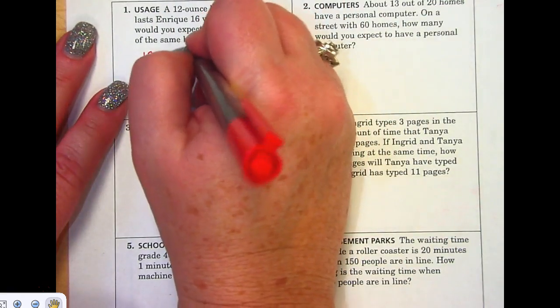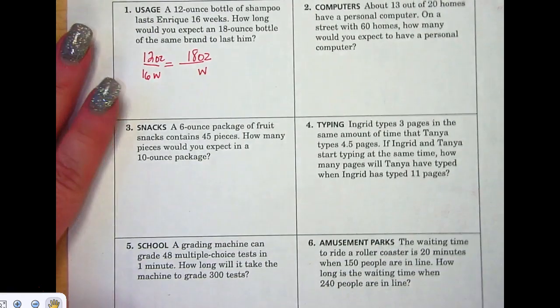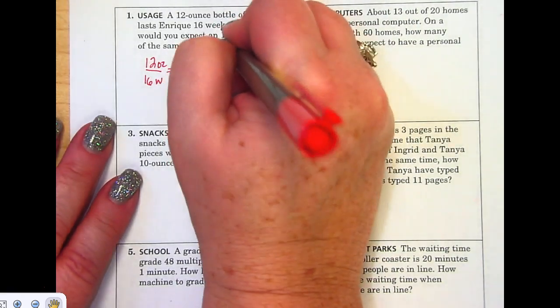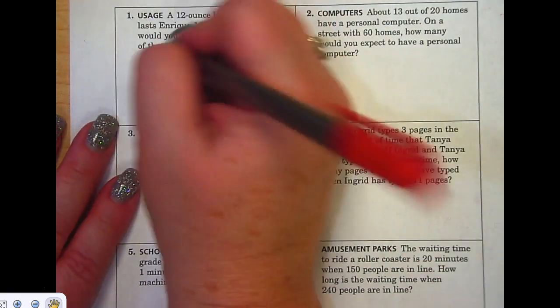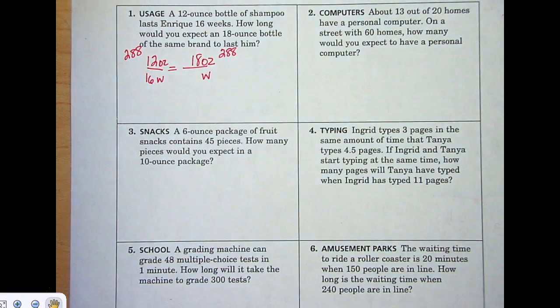So 18 ounces would last him how many weeks? So what are we going to do? 16 times what? Times 18, and we get 288. And then 288 divided by 12. 24 weeks.